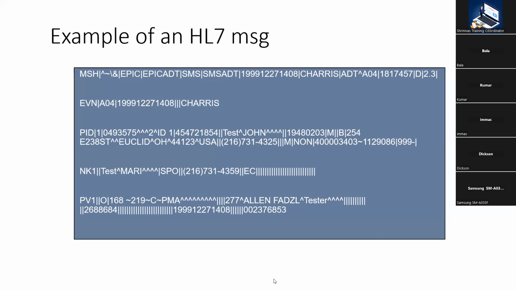But opportunities are many. All of these different roles that I mentioned have loads of opportunities in the US, because every hospital in the US, every clinical entity in the US uses HL7. So it is an essential aspect. That's the reason the number of job opportunities is also more.